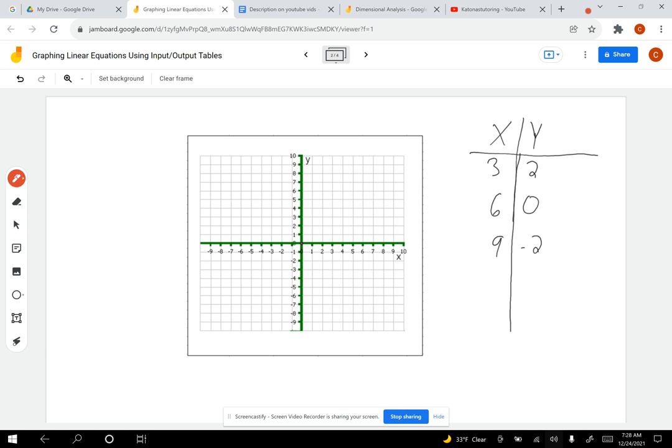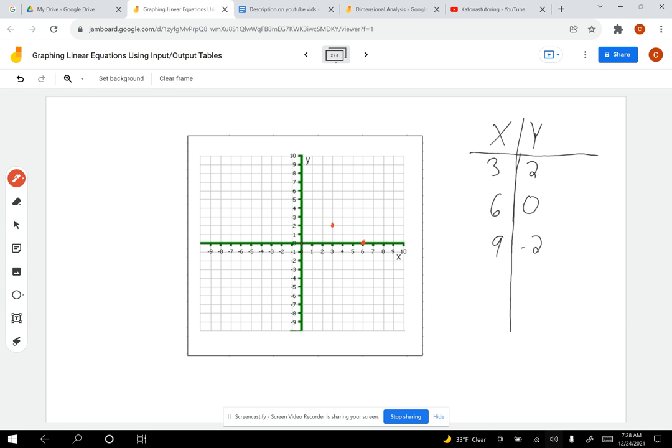So again, I have my input-outputs, and I'm going to graph them. So x = 3, y = 2: (3, 2). Then I have (6, 0). When I get an ordered pair where one of my values is 0, that means it's going to be on that axis.